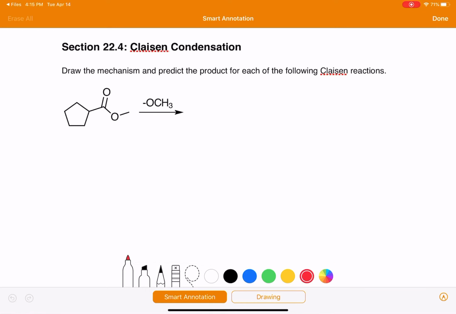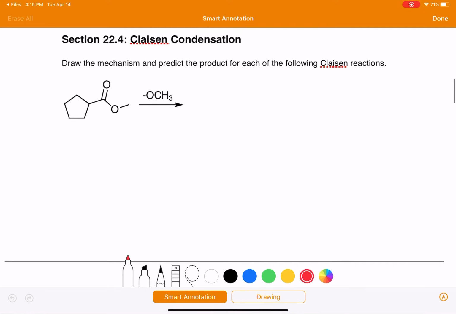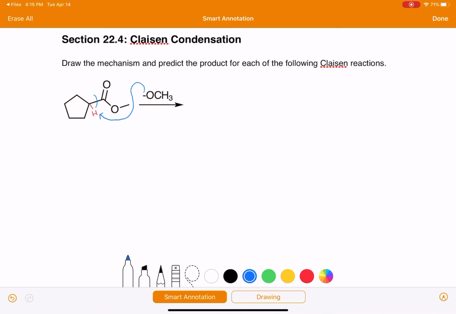So for this one, we're going to draw the mechanism and predict the product for the reaction. So I want to start by drawing in alpha hydrogen, and then I am going to use my alkoxide to grab that alpha hydrogen and pull it off the molecule and make an enolate.